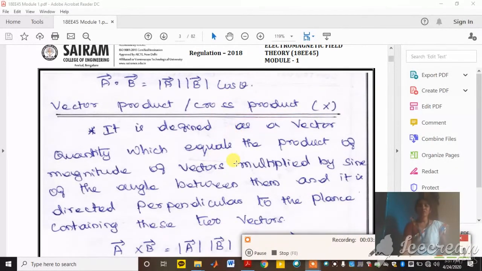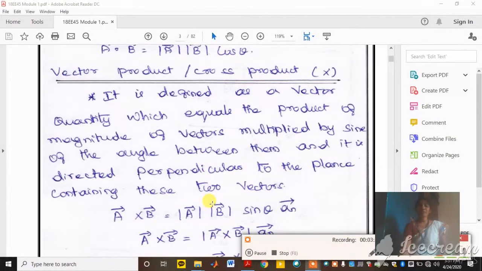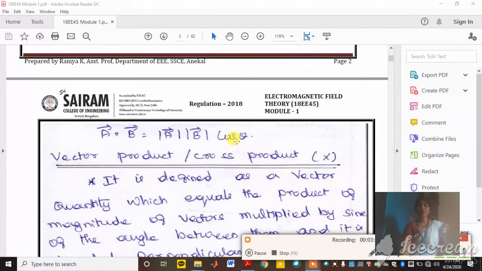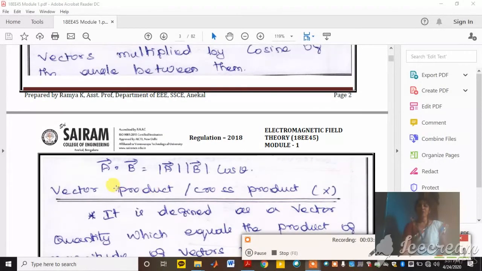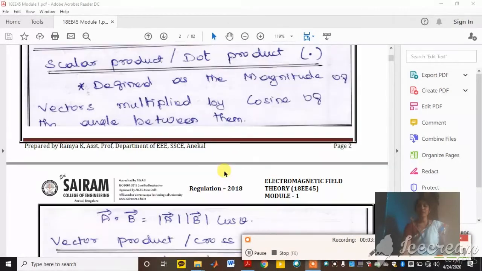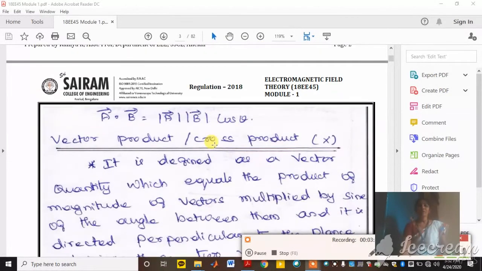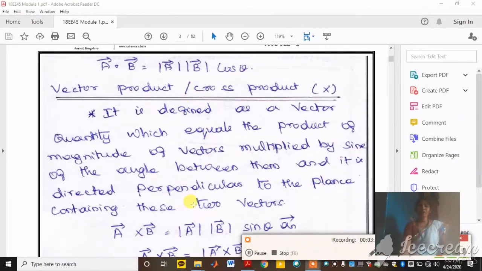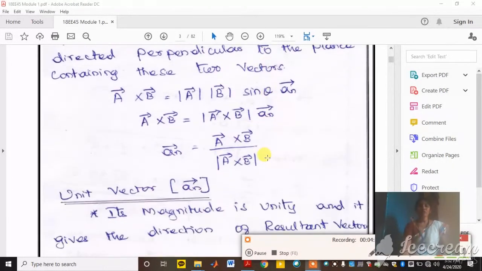Whereas the cross product is the product of the magnitudes of the vectors multiplied by the sine of the angle. So if you multiply the magnitudes of any two vectors with the cosine of the angle between them, it reflects your dot product. If you multiply the magnitudes with the sine of the angle between them, it reflects your cross product.